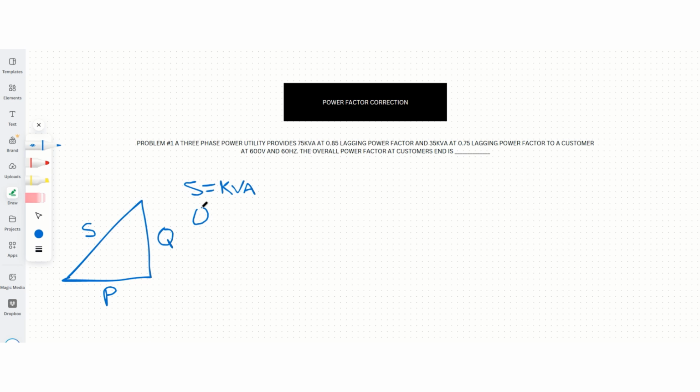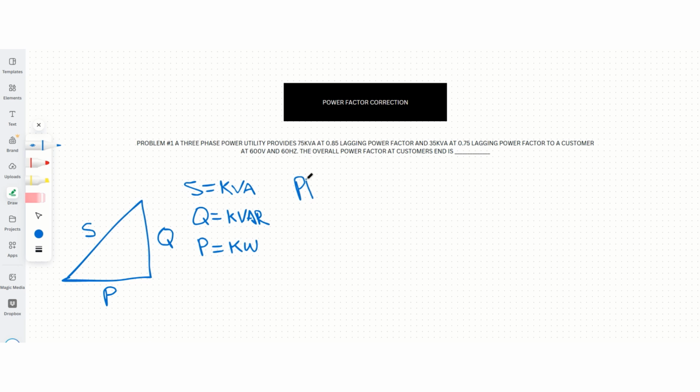Q is the reactive power, in kVAR, and P is the real power, in watts or kilowatts.